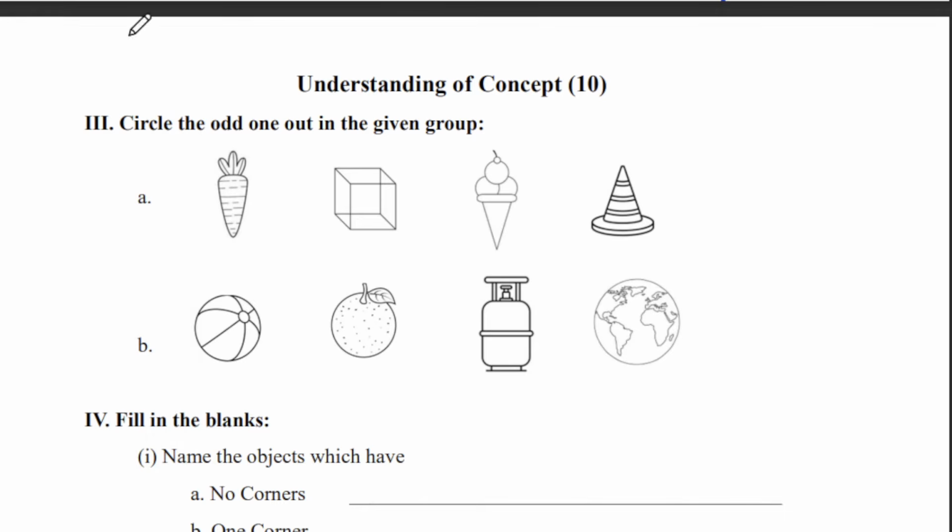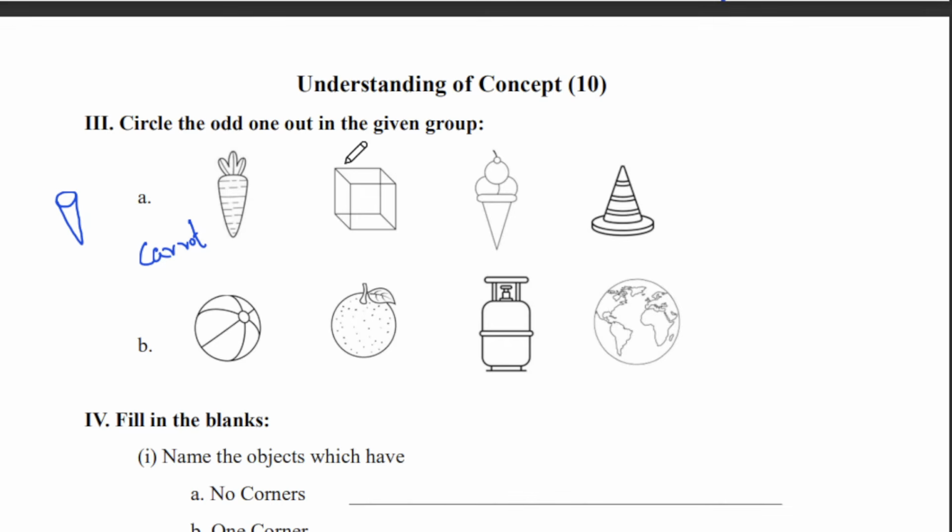So first we have a carrot. And we have a cube. And we have an ice cream. And we have a cone shape hat. Okay. So in this, let me write carrot. Carrot is in cone shape.